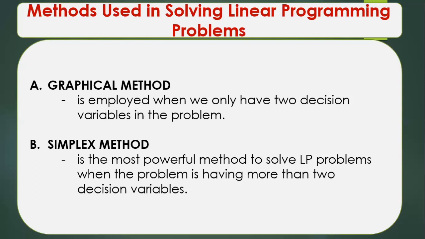The second method is the simplex method. The simplex method is the most powerful method to solve linear programming problems when the problem has more than two decision variables. This means it has a systematic program which can be used to solve the problem.